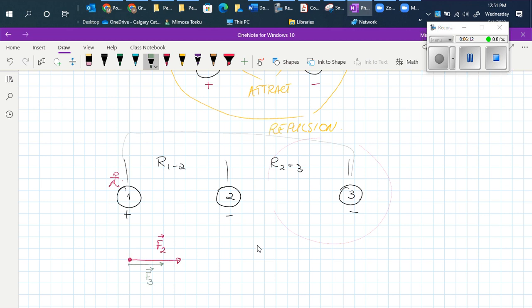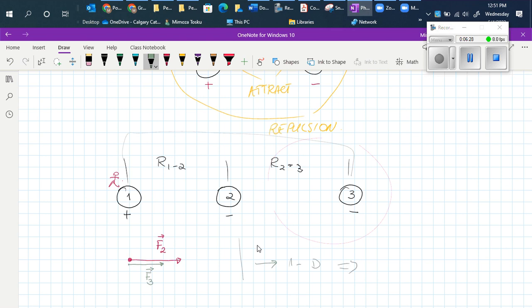And this is the free body diagram of the electrostatic force that charge 1 is experiencing. In this case, what we have is a 1D situation.